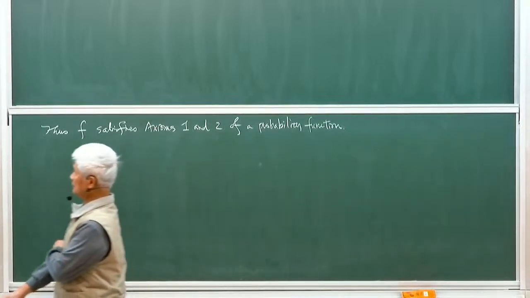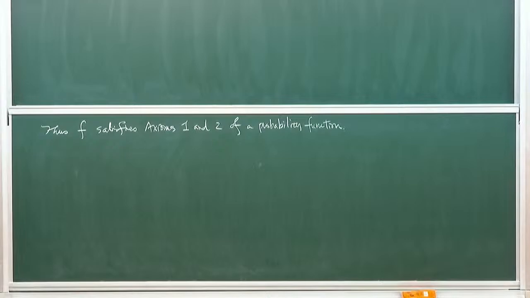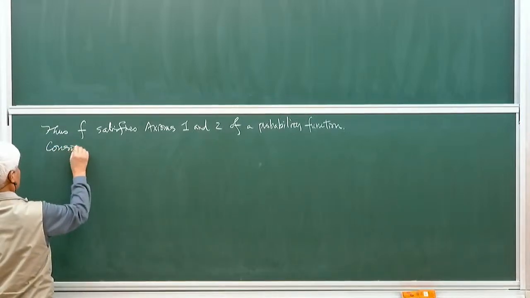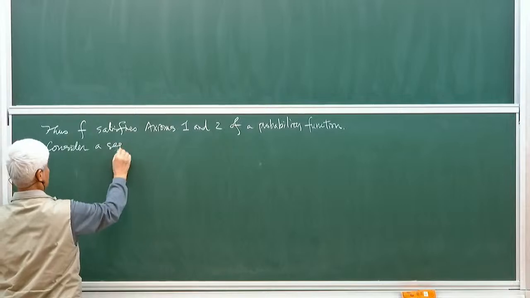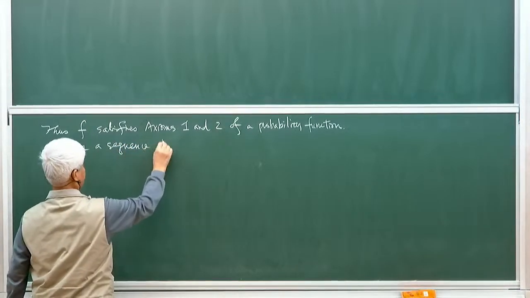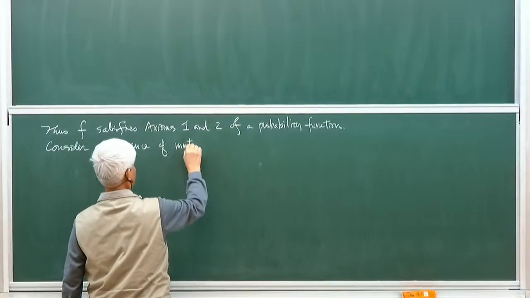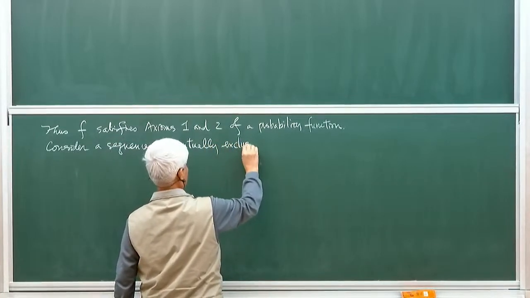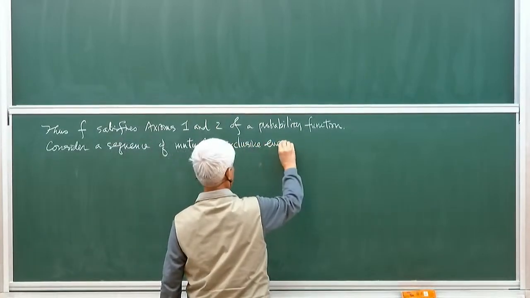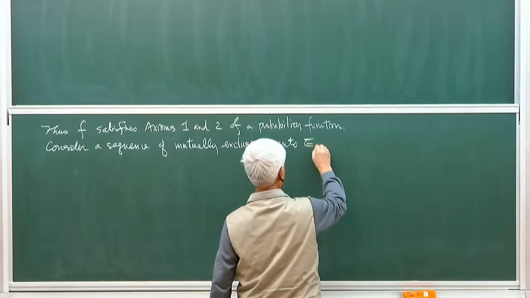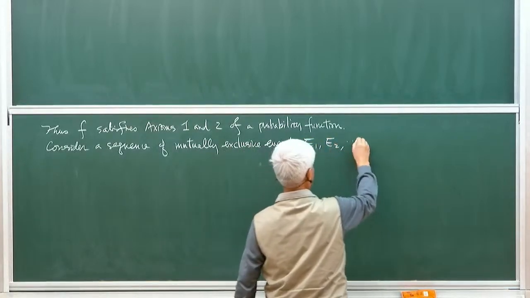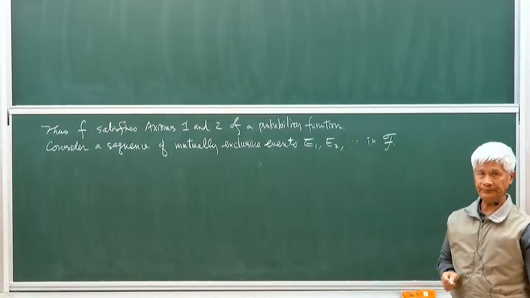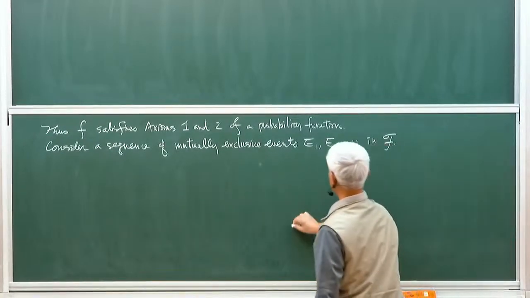Right, now we have to show that f satisfies axiom number 3. So we consider a sequence of mutually exclusive events E1, E2, etc. in F. So the situation is here.